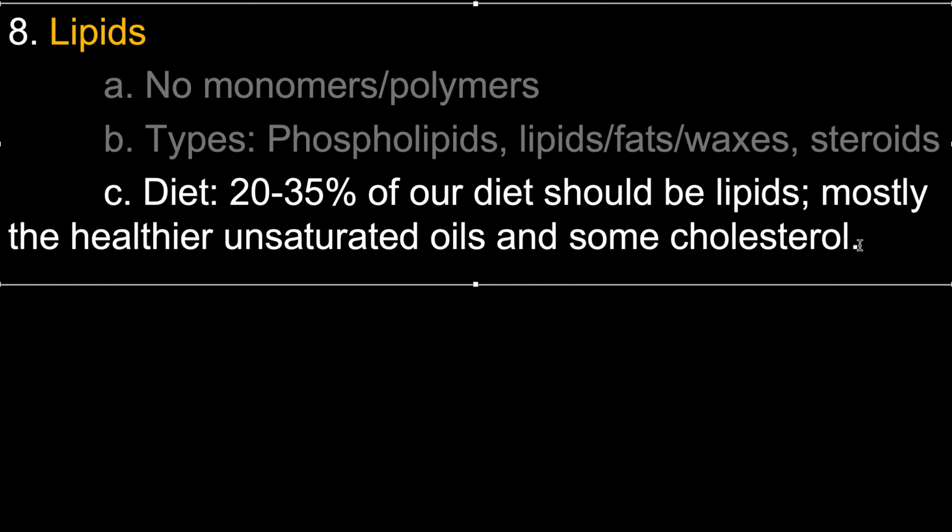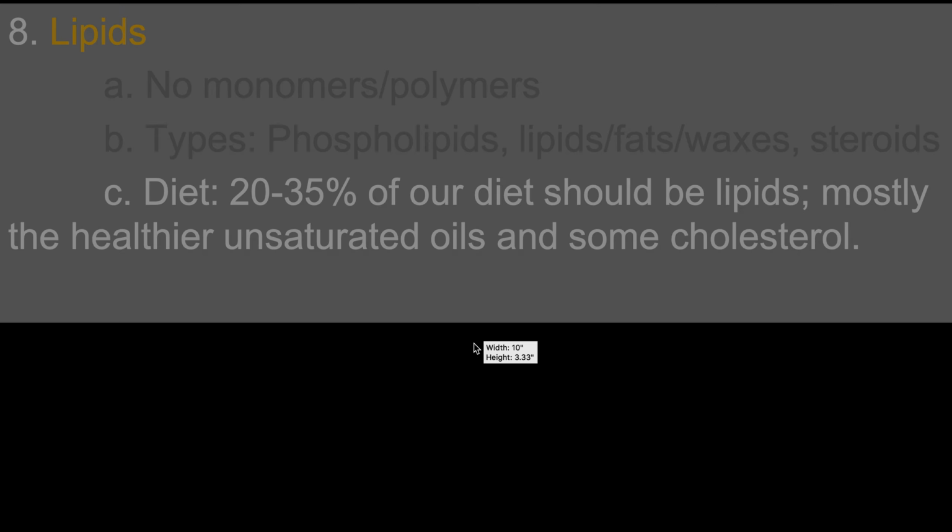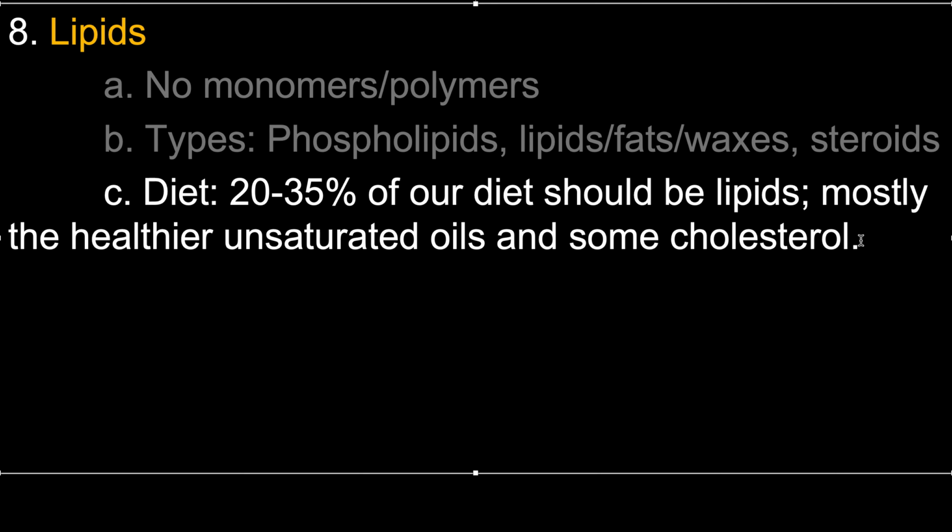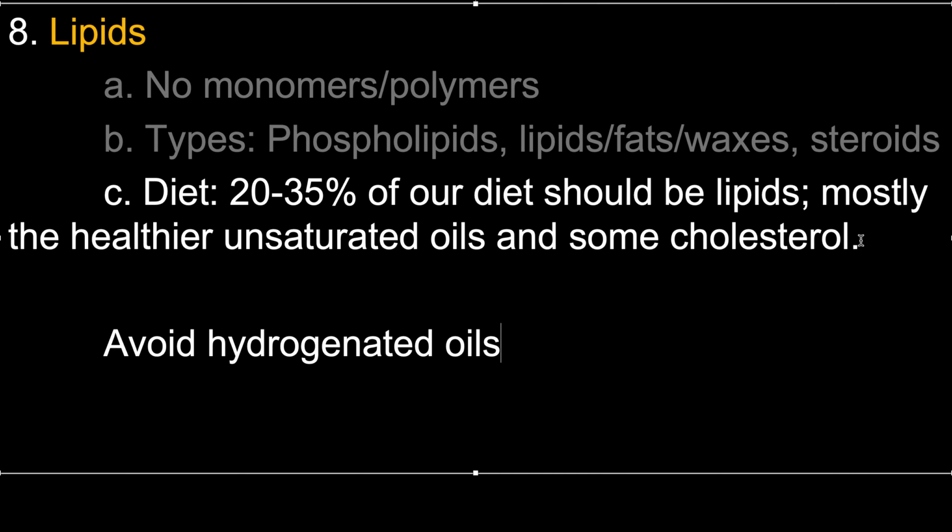Another important thing that we need to know when it comes to lipids relates to the idea of these hydrogenated oils. We need to avoid hydrogenated oils, or what they call trans fats. So everybody likes to spread something on their bread, right? We like that solidness that fat gives us.